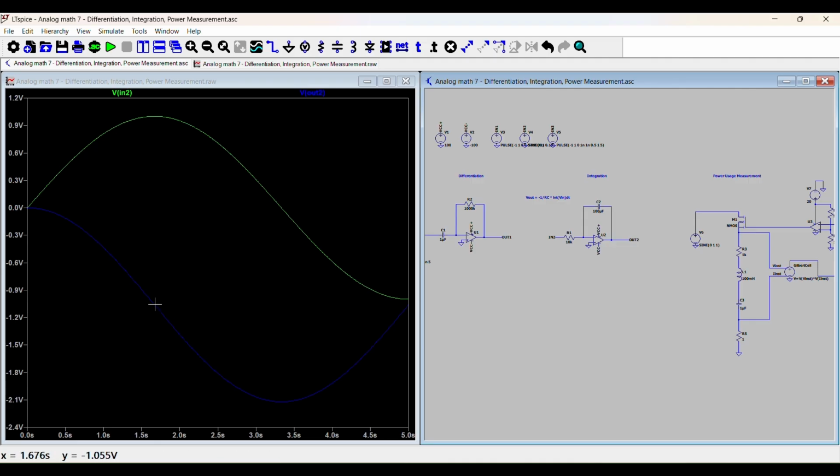And it'll be exactly 1 volt when the period becomes 2 pi.